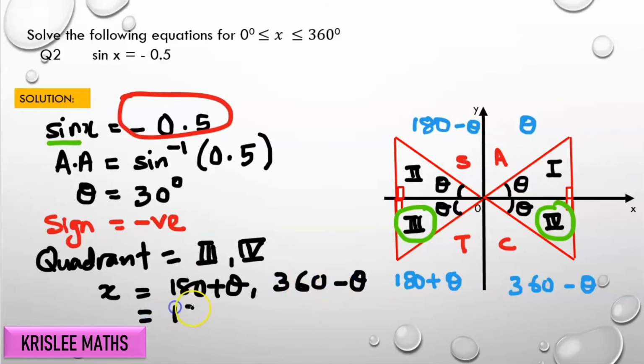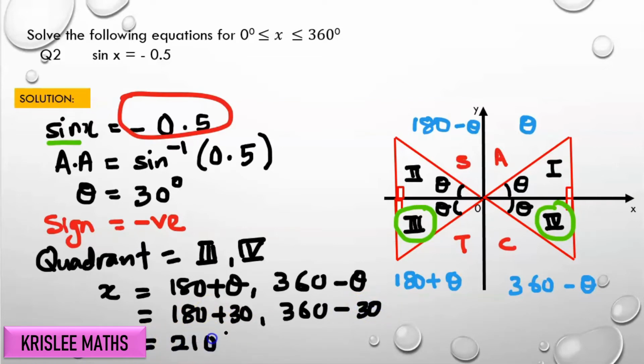Okay, now substitute the acute angle to find the possible values of x. So the first value will be 210 and the second value will be 330 degrees. Okay, so these are the possible values of x for the second question.